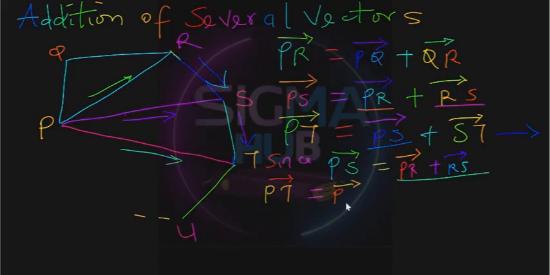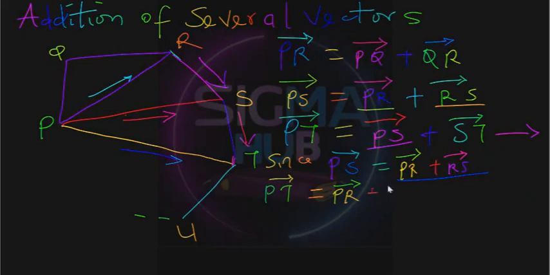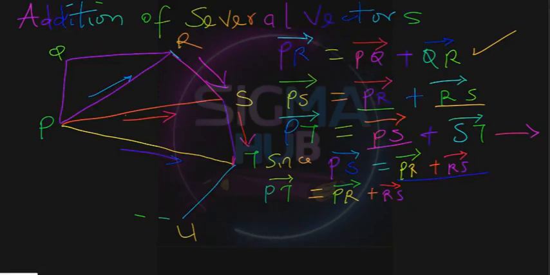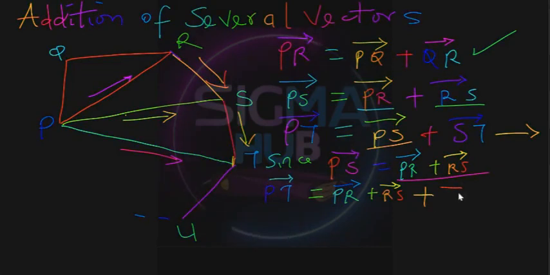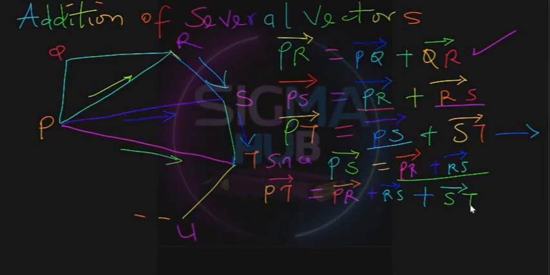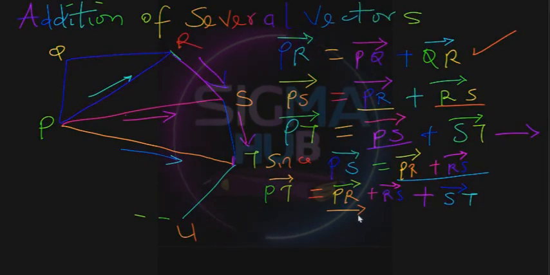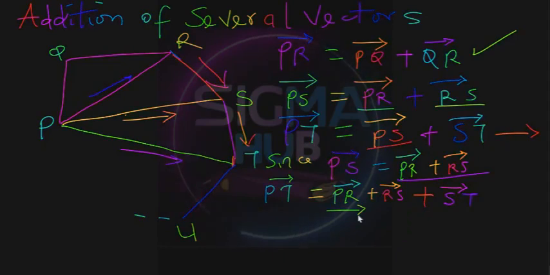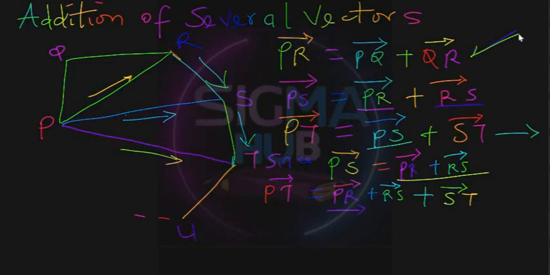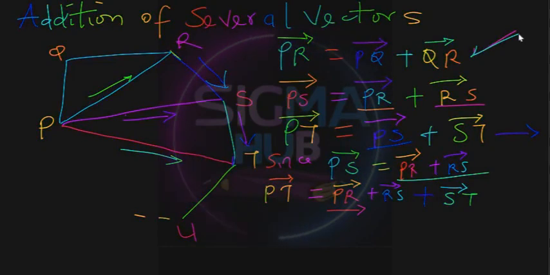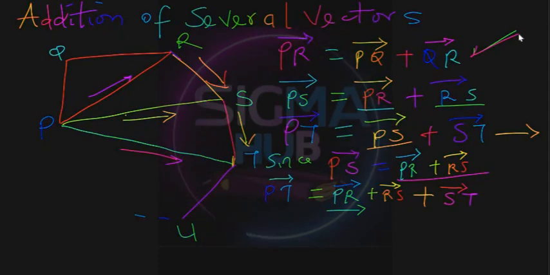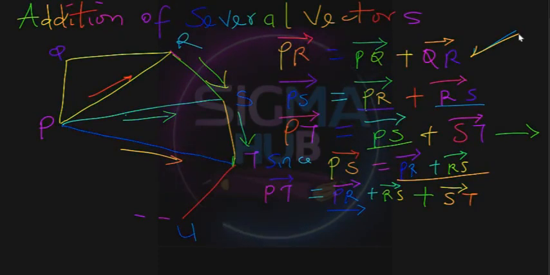PT is PR then plus RS, then plus ST. Also, we have values for PR, which are up here: PR is equal to PQ plus QR. Let's substitute PQ plus QR into PR here.